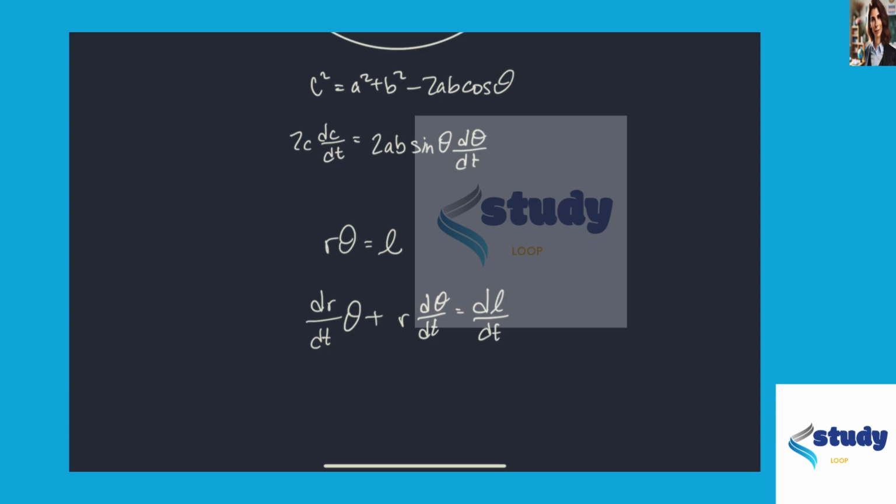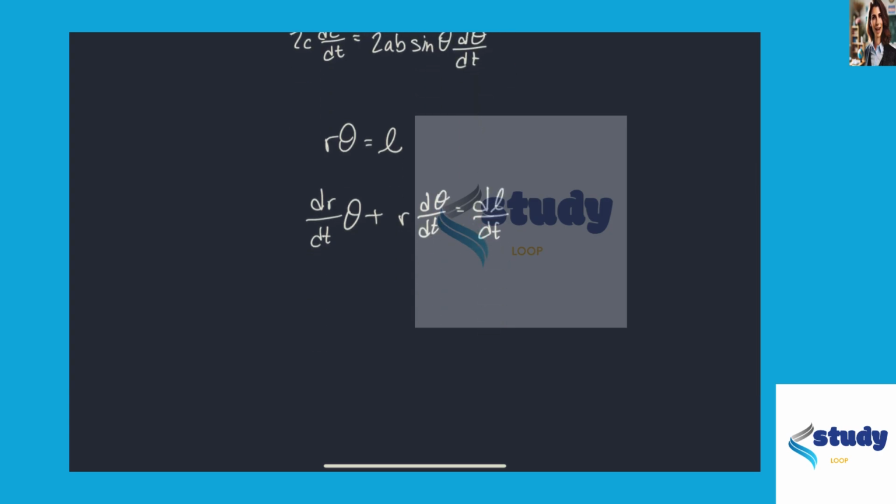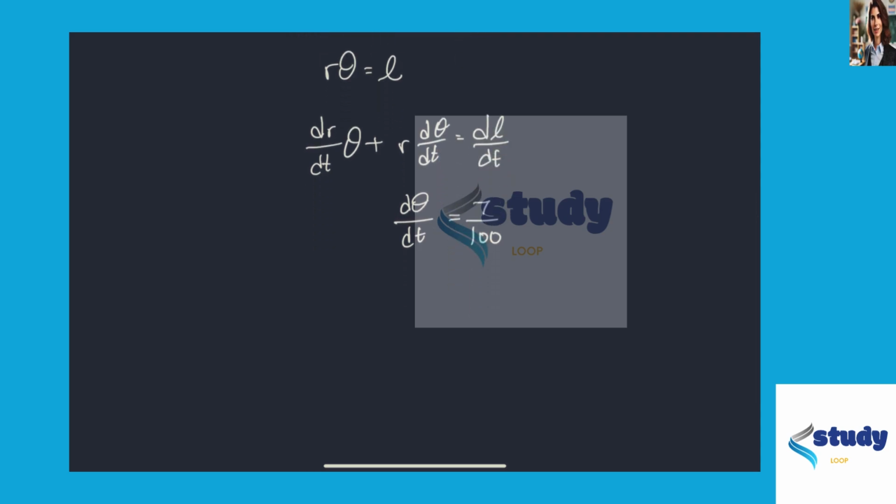When we rearrange our values and plug in the ones that we know, dl/dt is 7, so we have 7 over 100, which is equal to d theta/dt. So that's 0.07 radians per second.